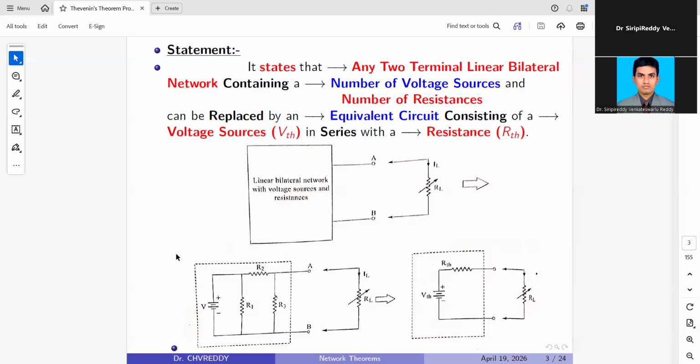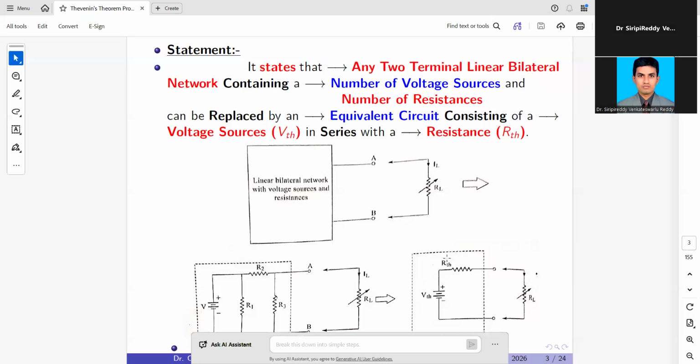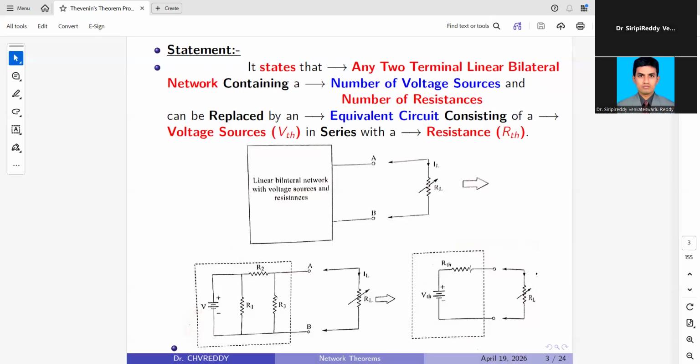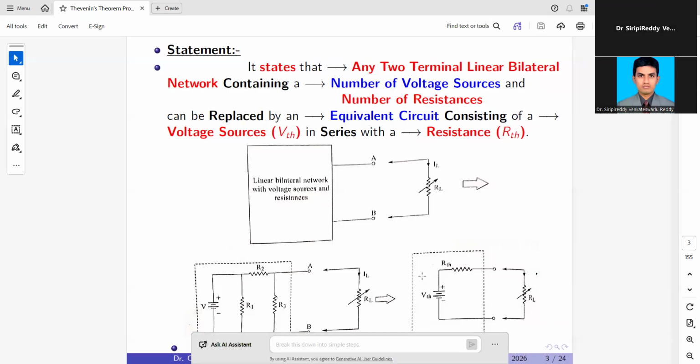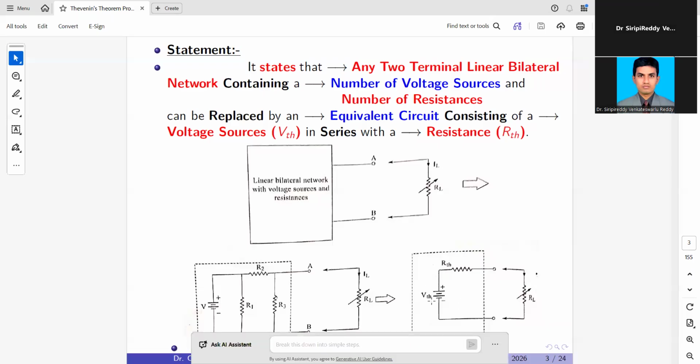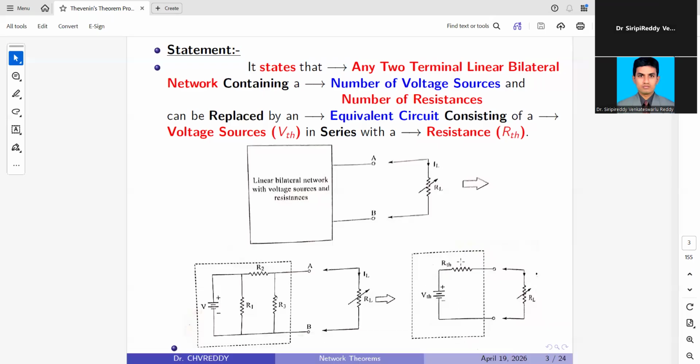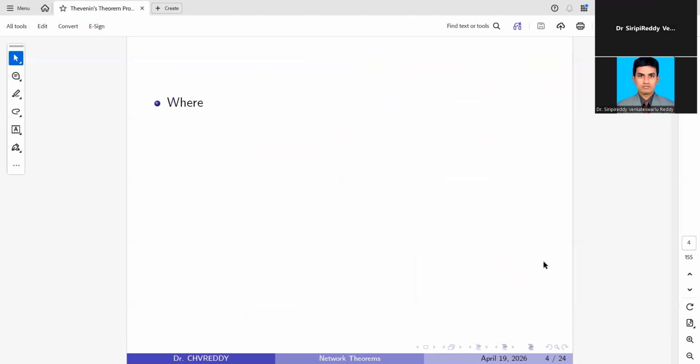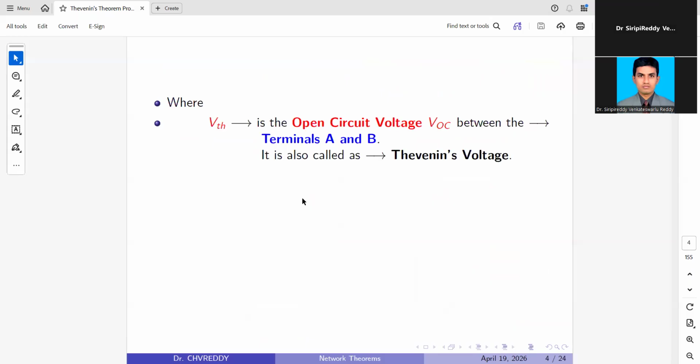Those voltage sources and those resistors can be replaced by a single equivalent circuit. This is the single equivalent circuit, consisting of a Thevenin voltage source, that is VTH, in series with the Thevenin resistance, that is RTH, where VTH is the open circuit voltage between the terminals A and B. This is also called Thevenin voltage.